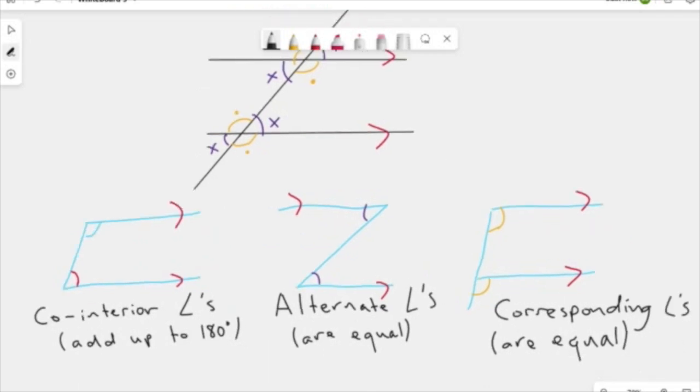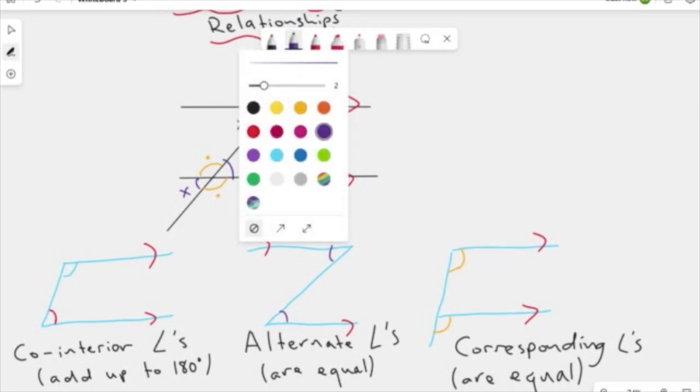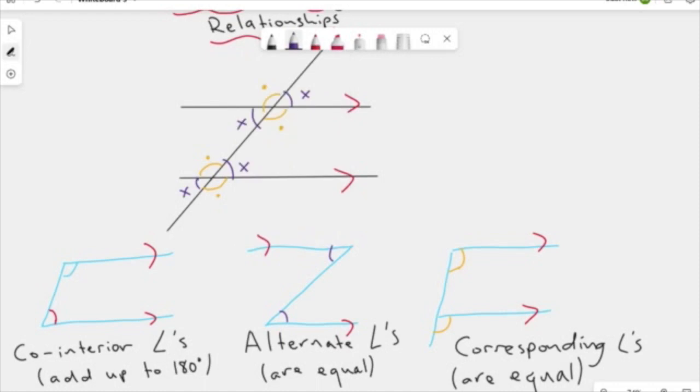Now, when we're given a picture like this with two parallel lines, I could give you literally just one angle. So let's say X, for example, equals 36.